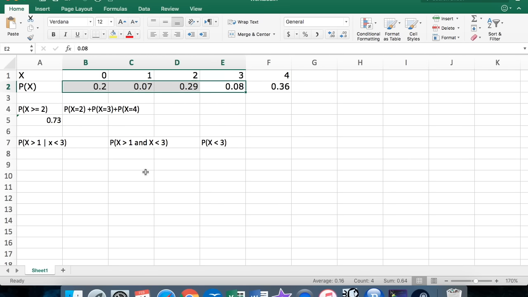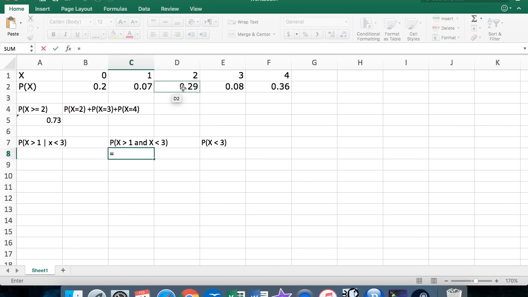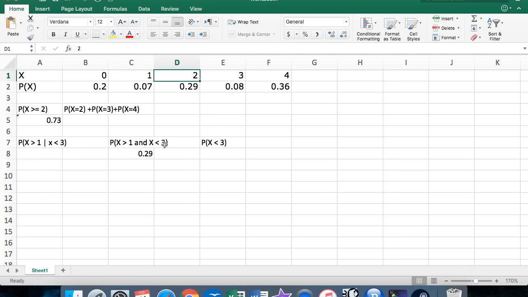Well, the only guy that is in this intersection of greater than 1 and less than 3 is 2 by itself. So that's the answer. So just 2. Right? Does that make sense? X is greater than 1. Since there's no value between 1 and 2, you have to go right up to 2. X is less than 3. Since there's no value between 3 and 2, you have to go down to 2. So 2 is the only one in their intersection. That's how we got that guy.